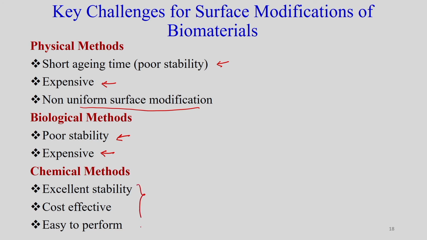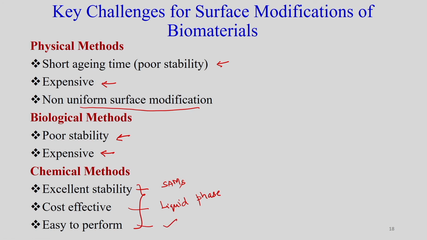It is more handy for biomaterials, particularly self assembled monolayers, because it keeps the covalent linking, so the coating is more stable. We directly go for a liquid phase reaction, which is cost effective and easy to perform.